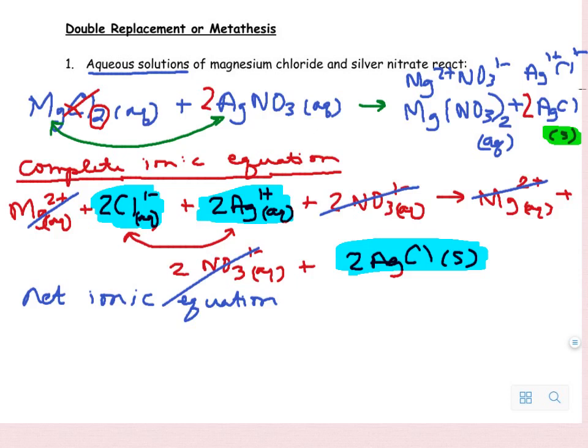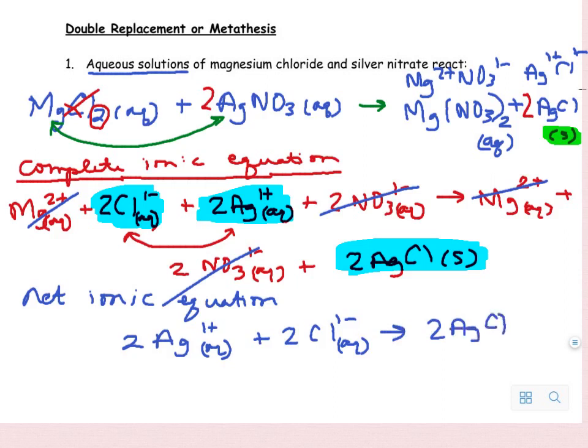I could write it 2 Cl's and 2 Ag's. Might be more reasonable to write it as 2 silver ions that are aqueous react with 2 chloride ions that are aqueous, and they come together to make 2 silver chlorides that are solids.